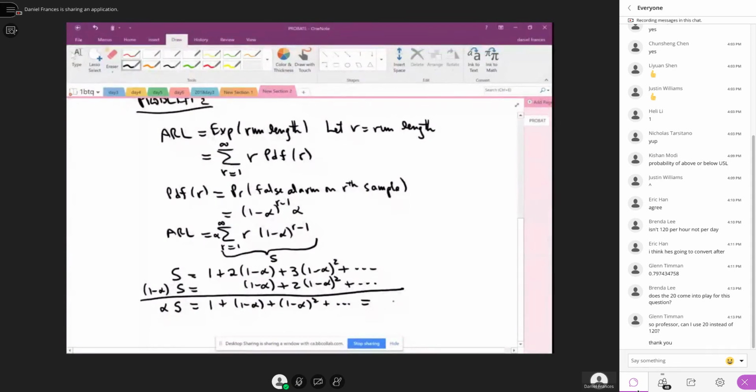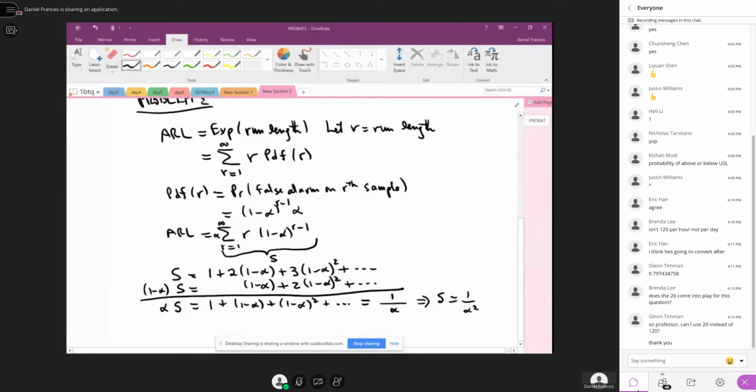What is this? So A is 1. 1 minus R is 1 minus 1 minus alpha, that's alpha. So what we have from here is that alpha S is equal to 1 over alpha, so S is 1 over alpha squared.